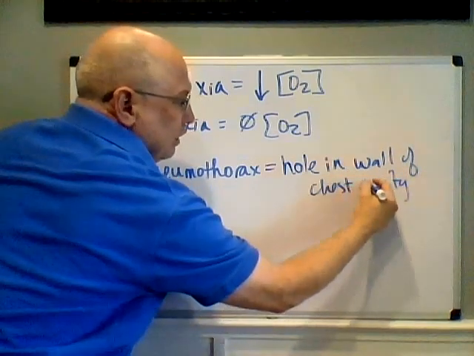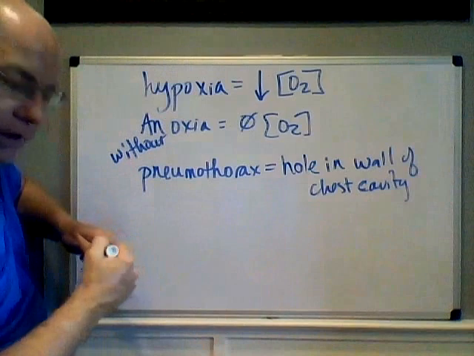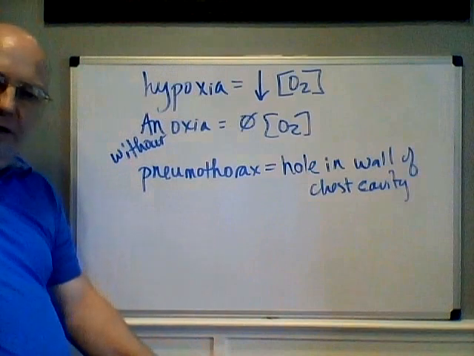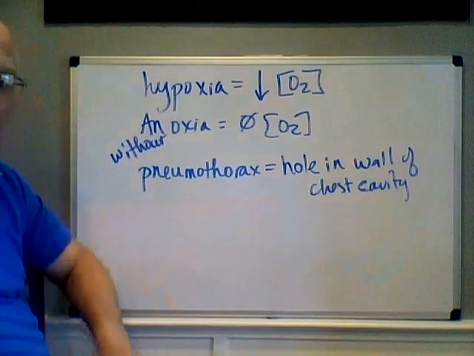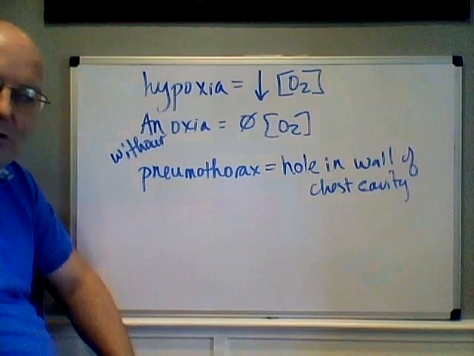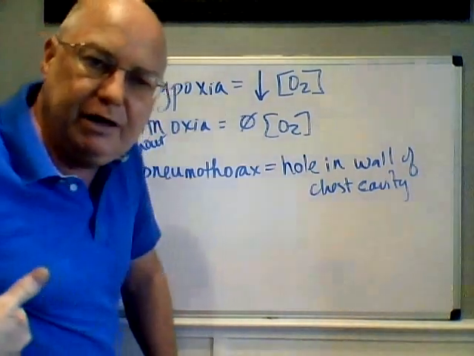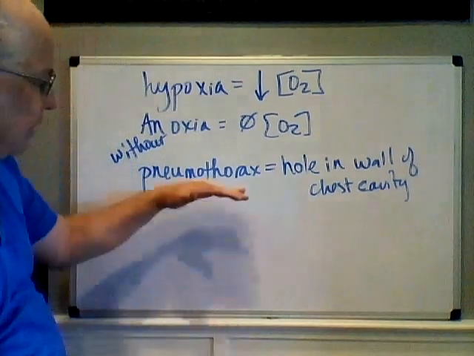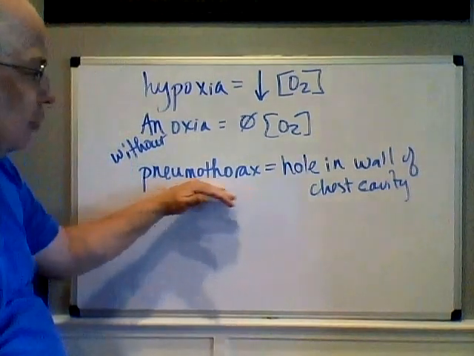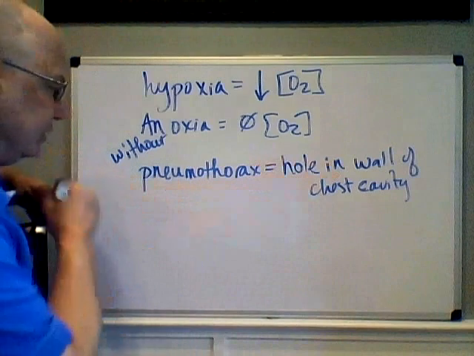So, if you broke a rib and it was sticking out of the skin, you'd have a pneumothorax. If for some god-awful reason you got stabbed or impaled with an object, or you got shot through the thoracic cavity, you would have a pneumothorax. Pneumothorax is just a hole in the wall of the chest cavity.